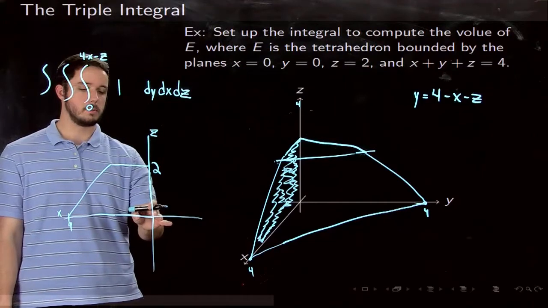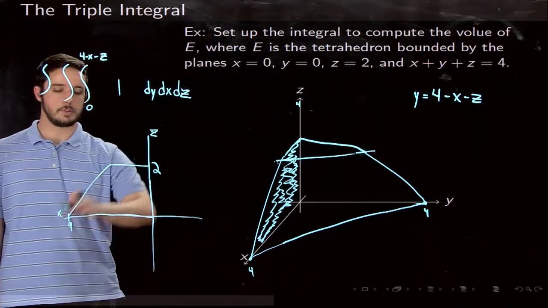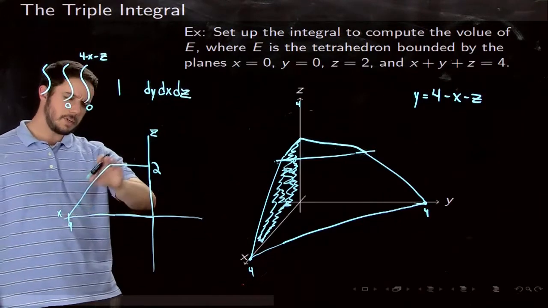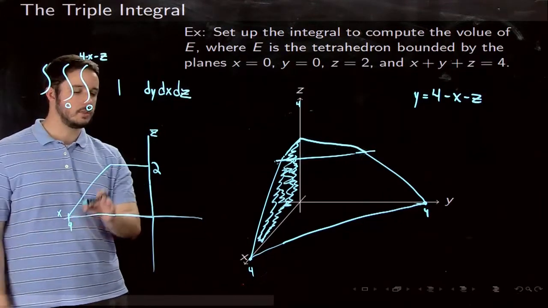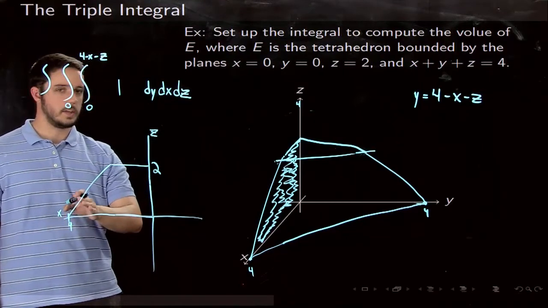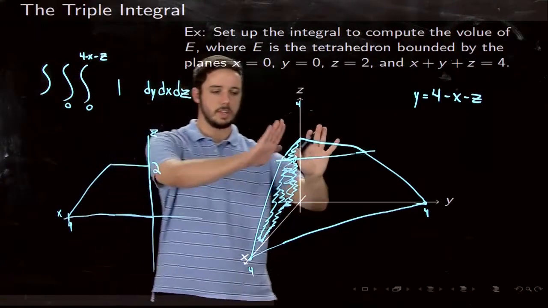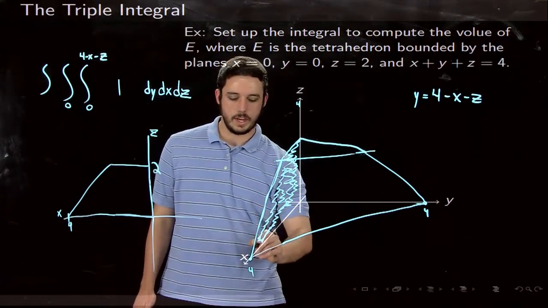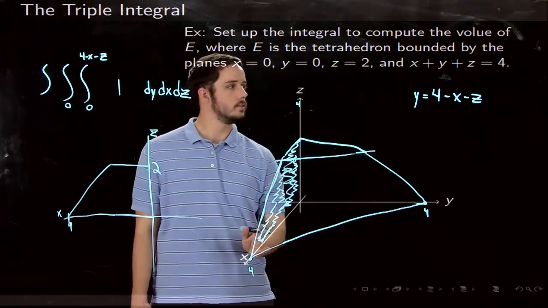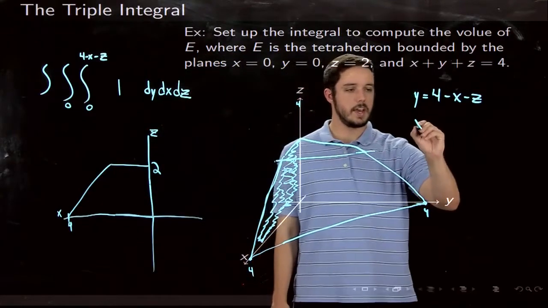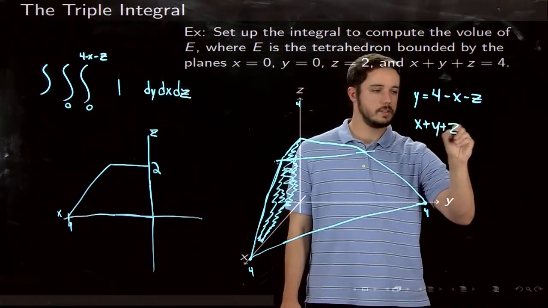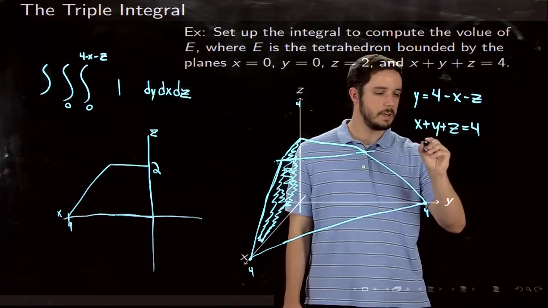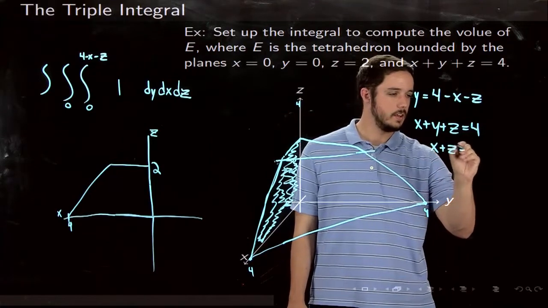X can go from 0 all the way up to this line, whatever it is. So 0 to this line. And how do we describe this line, this upper bound? Well, what is this line? Again, this line is coming from the plane, but it's coming from right here, the plane where y equals 0. So if we just look at this equation, x plus y plus z equals 4, at y equals 0, y becomes 0, so we have x plus z equals 4.